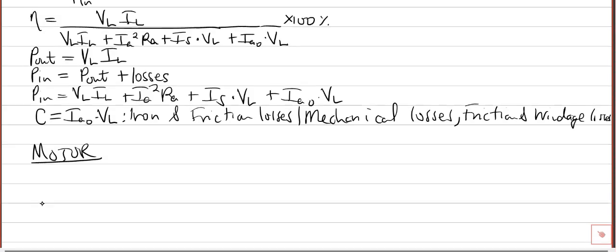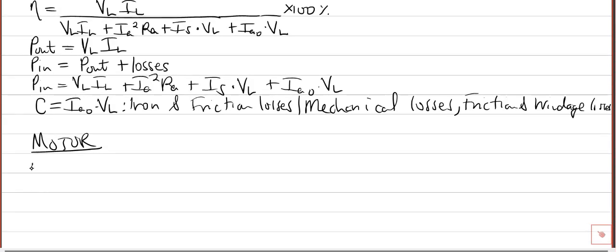Now in a motor, going into efficiency, we're still saying efficiency is P out over P in times 100%.